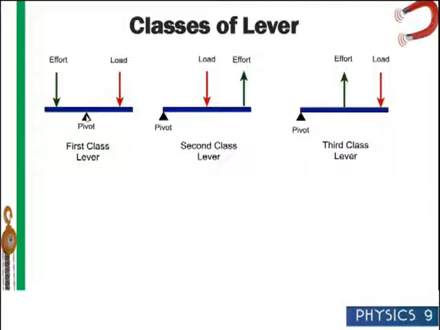If you look at the diagrams carefully, you can see that the class of lever depends on the position of the pivot, the position of the effort force, and the position of the load force. Depending on these positions, we can classify the levers.